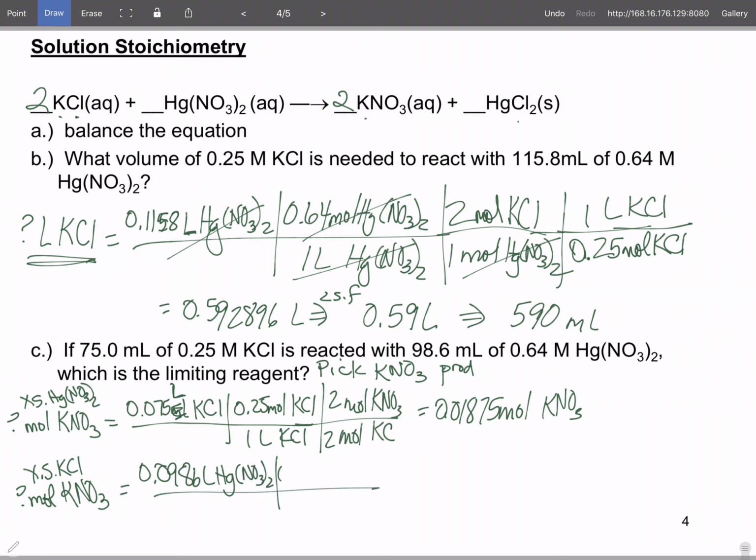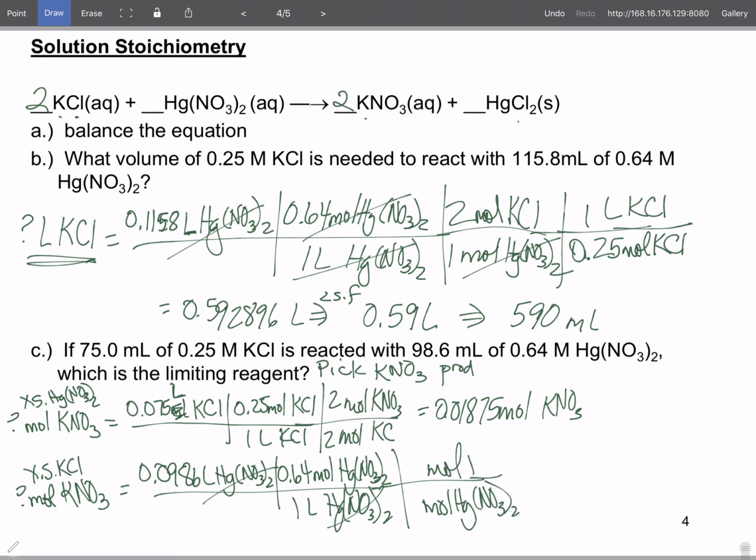Okay, we have 0.64 moles of mercury 2 nitrate for every 1 liter of mercury 2 nitrate. Now, I knew that went in the bottom so it could cancel. So moles of mercury 2 nitrate, 2 moles of potassium nitrate.